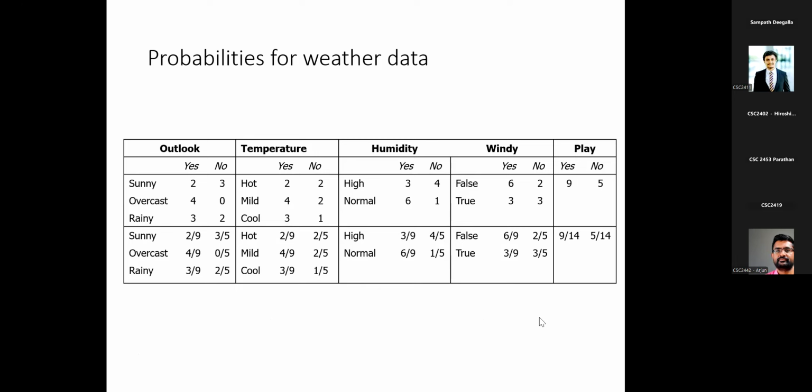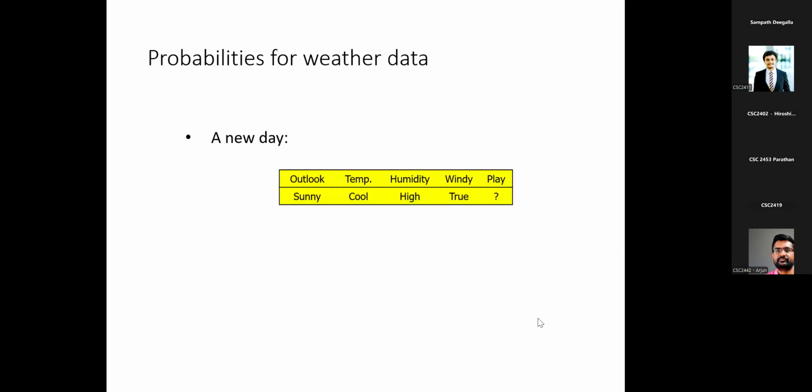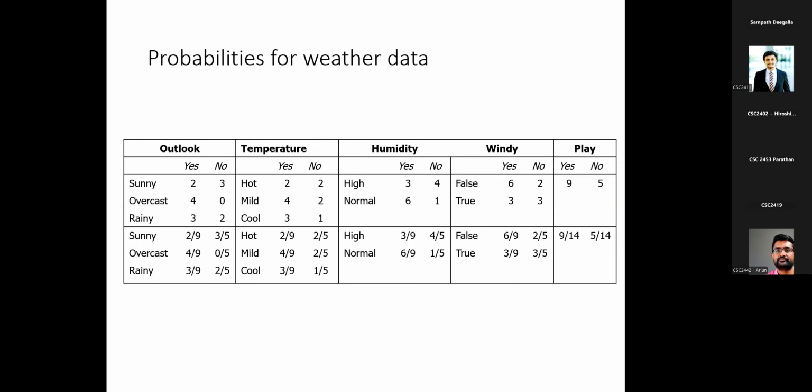Now, let's say we have a new weather data point. Let's say outlook is sunny, temperature is cool, humidity is high, wind is true. What is play? That's what we need to understand. So we can calculate based on these probabilities. This is the problem.